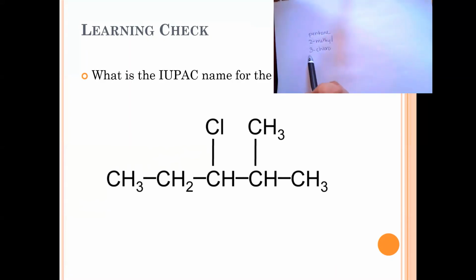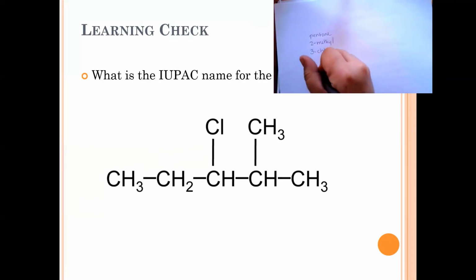So we'll write the things that we know. We're writing the longest name, and then we're writing the substituents that are there, and then we're going to put this together. So the big thing we have to do now is list our substituents in alphabetical order. That comes first. Well, C comes before M. So even though that methyl comes lower in number, chloro comes first in the alphabet.